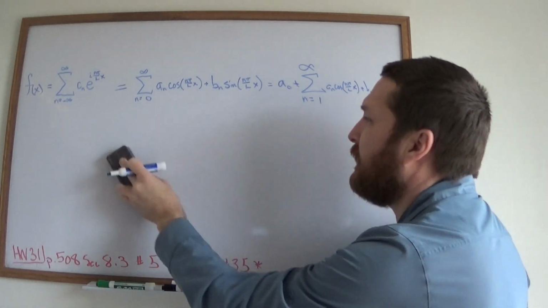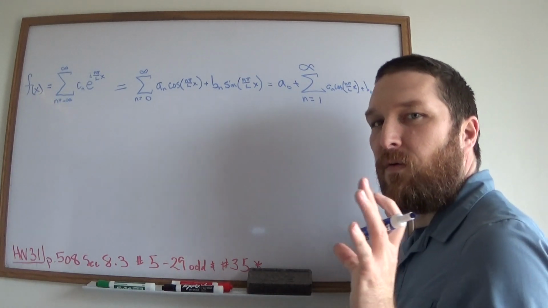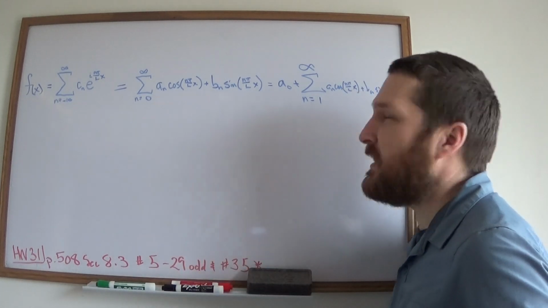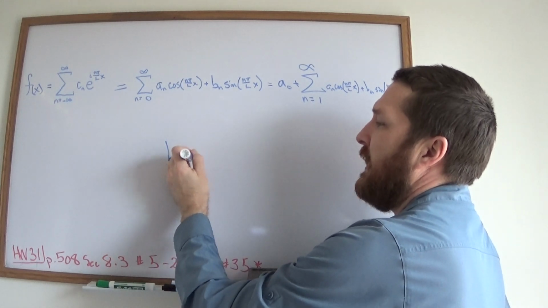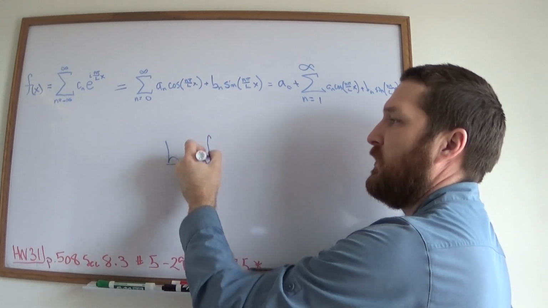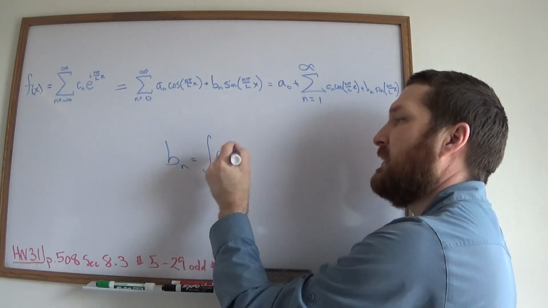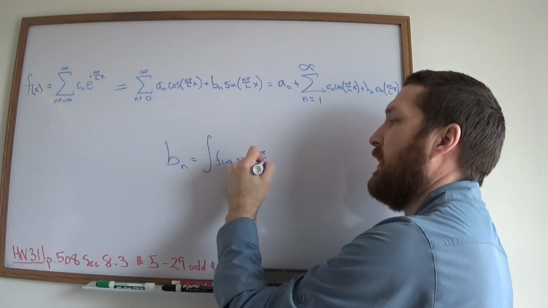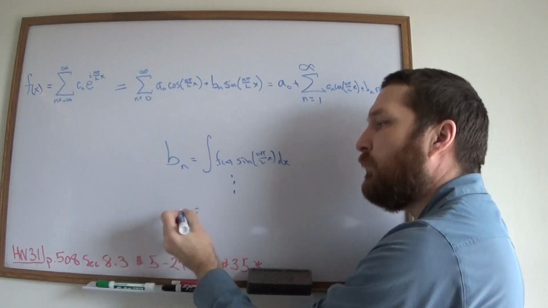Why am I bothering with any of this, especially if we're not going to do it? Well, if you just went along from the last lecture and tried one of these by yourself, you'd find what often happens is, let's say you find your formula for your bn's, which is you take your original function f of x and integrate it against sine n pi x over L dx, and you do some work and you end up with the formula.